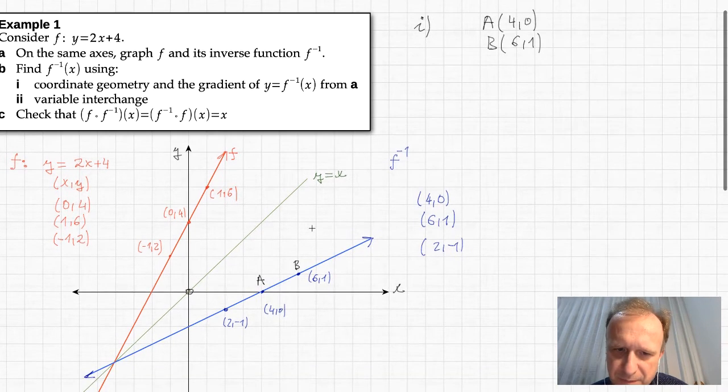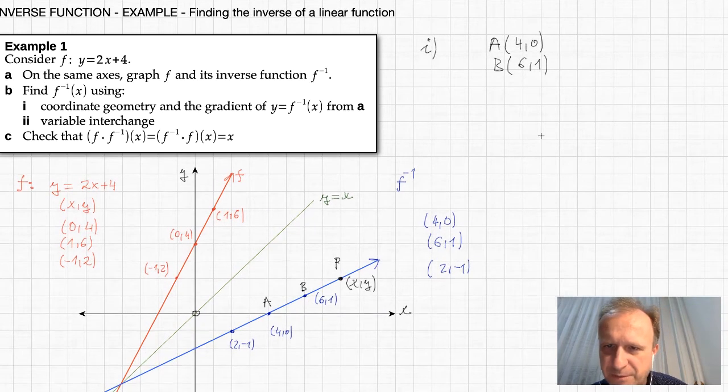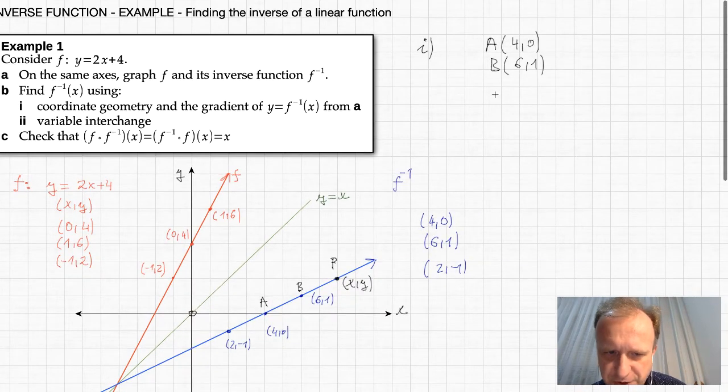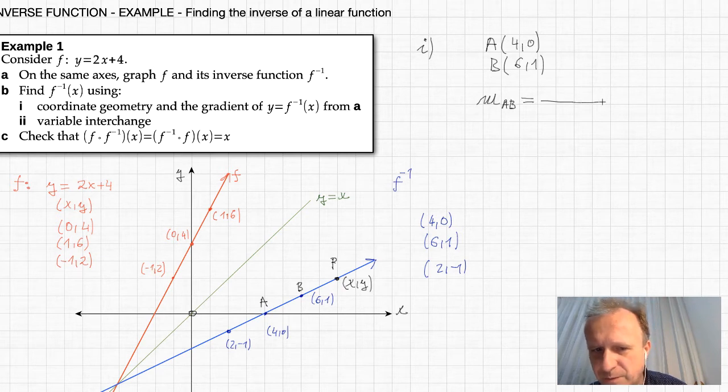Okay? Now, whatever point P I take on this line, which has the coordinates x and y in general, what is for sure is that the gradient of the segment AB has to be the same as the gradient of the segment AP. Gradient, to remind you, is the fraction. So let me write it. The gradient of AB, well, it is the fraction which is constructed as follows.